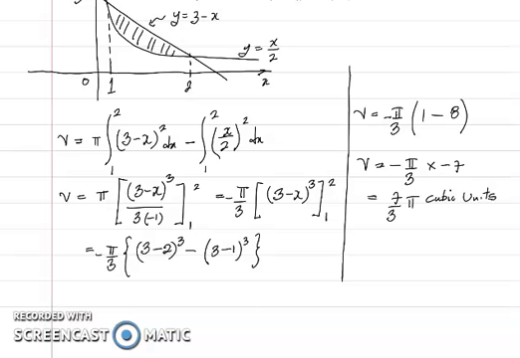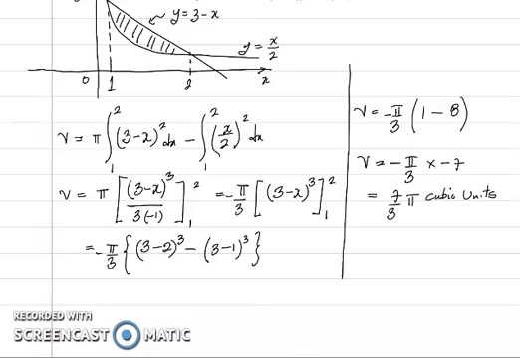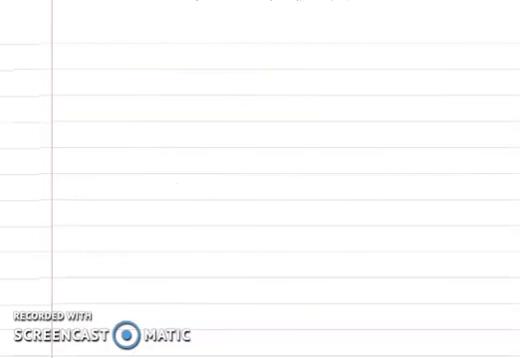All right, so that is us finding the first integral. Then next we have to find the second integral, and then lastly we have to subtract. So the second integral is equal to pi, the integral from 1 to 2 of 2 over x squared, so it's 4 over x squared dx.